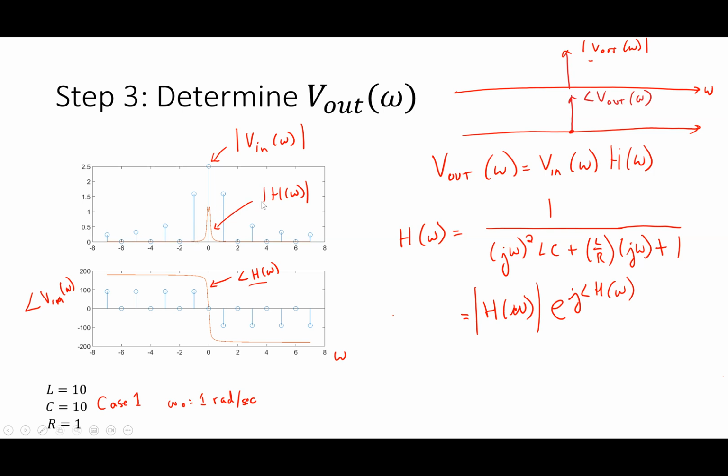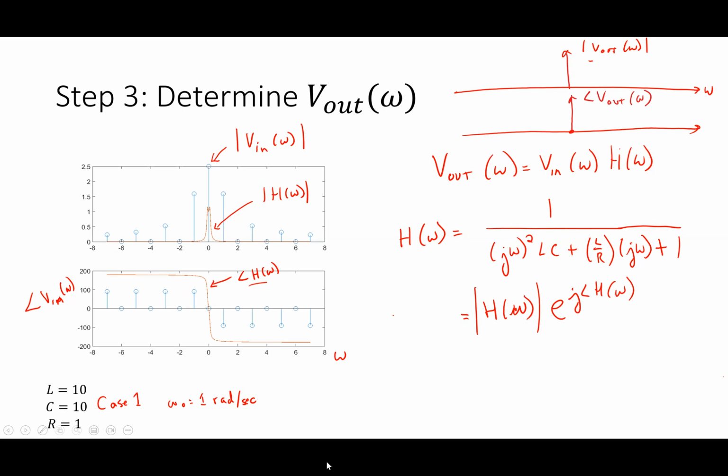Looking at this magnitude of H of omega, it's close to 1 when omega is equal to 0. And then as omega gets higher, the magnitude drops way down. So what does that mean about high frequencies here? It's cutting the high frequencies. It's a low pass. Yeah, it's reducing the magnitude of the high frequencies.